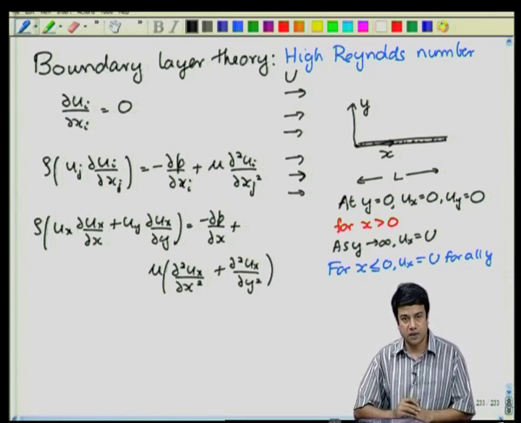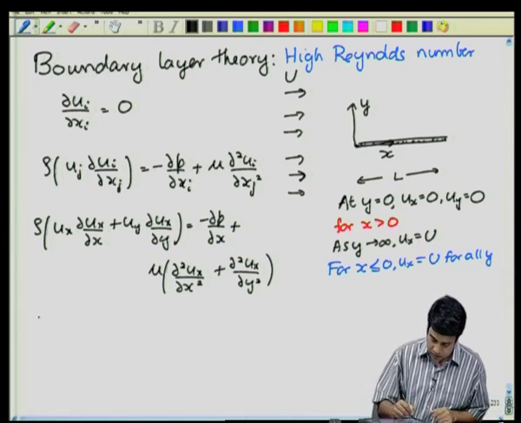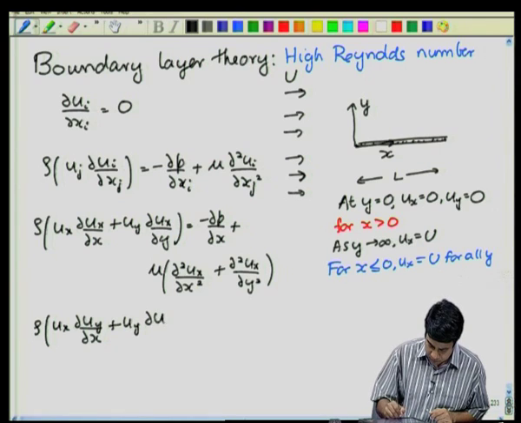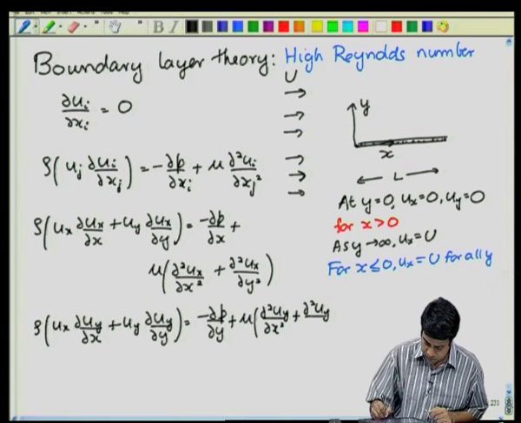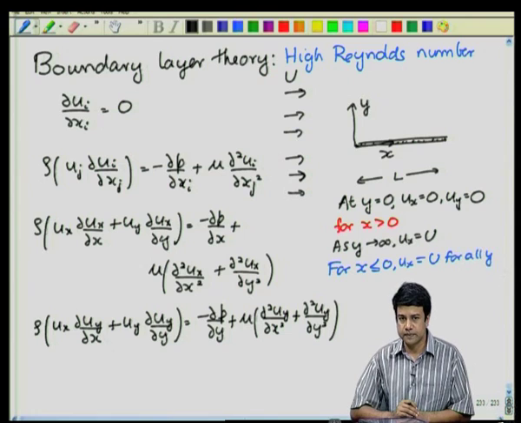That was the x momentum conservation equation, and I have a similar y momentum conservation equation, which is rho into uy, and so on. Yes, that is the y momentum conservation equation.